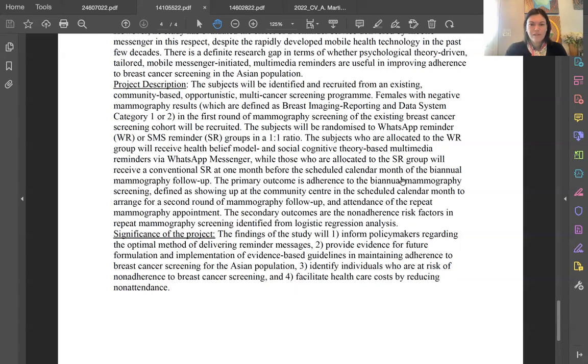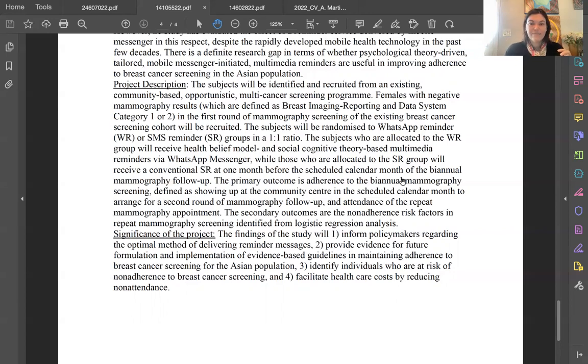That gives me a little bit of pause. Females with negative mammography results, which are defined as breast imaging reporting and data system category 1 or 2, right? So these are the people that don't have any concerns. Basically, they don't have any lumps or masses that are concerning, just that we know.